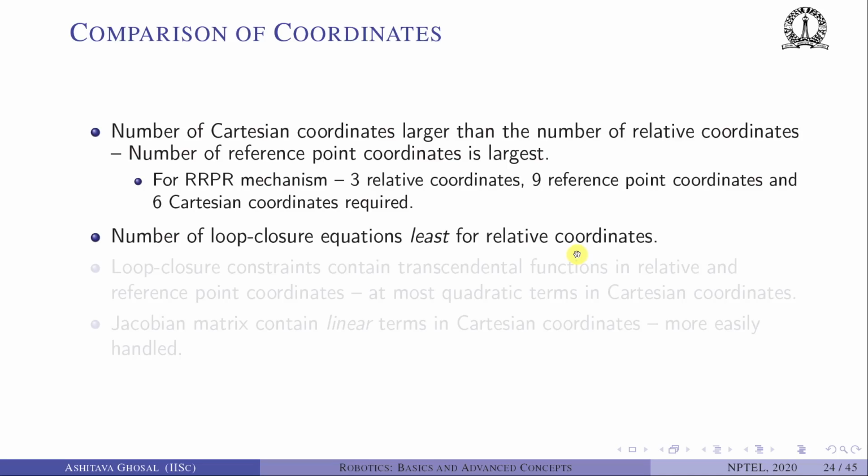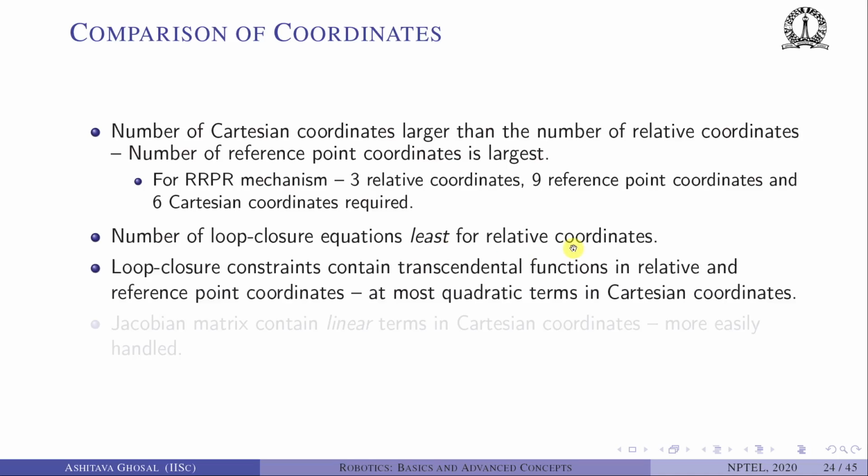In the Cartesian case, there were 6 Cartesian coordinates. The degree of freedom is still 1, hence there were 5 constraint equations. In reference point coordinates, we had 9 coordinates and there were 8 constraints. So the number of loop closure equations is least for relative coordinates.